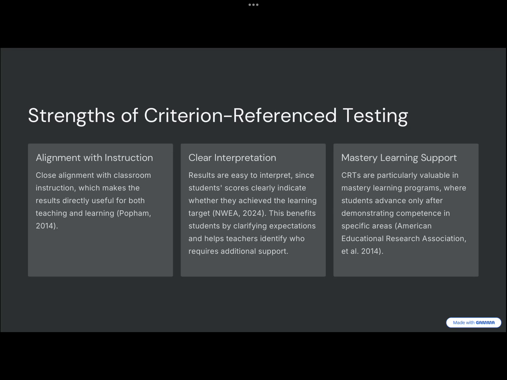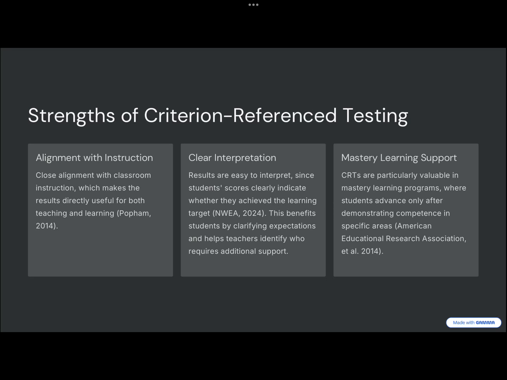Because the test items measure the same learning objectives covered in lessons, the results clearly show whether students have achieved specific targets. This alignment allows teachers to identify which skills have been mastered and which need more practice, helping them adjust instruction effectively and provide targeted support for the students.